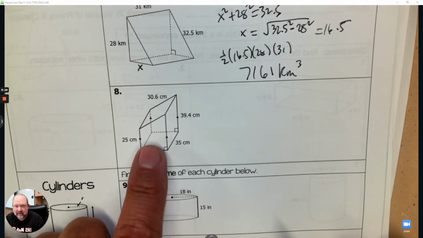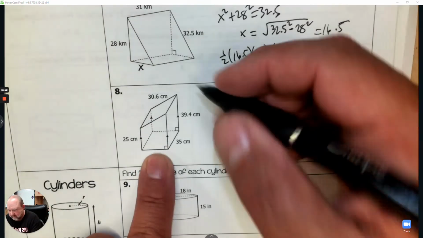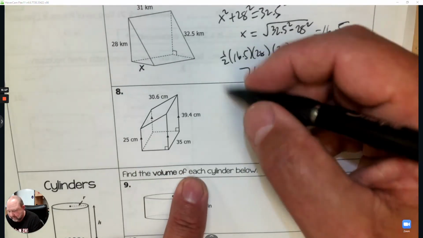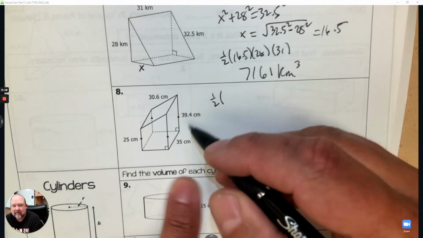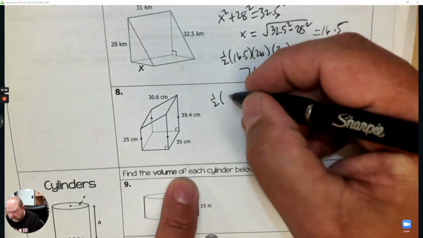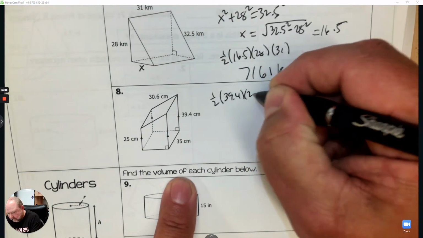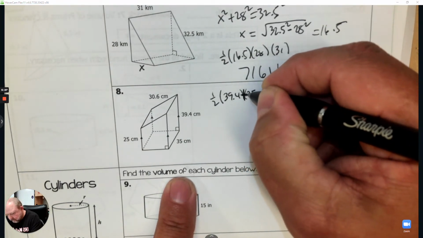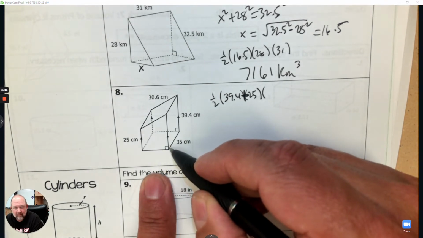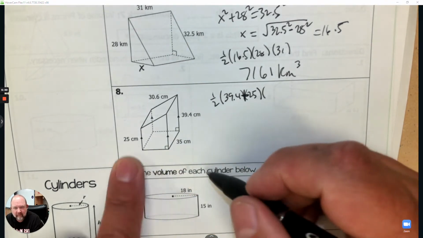8. This is a trapezoidal prism again. That's a trapezoid. So the formula is 1/2. The bases of this trapezoid are 39.4 and 25. Oh, we add them. And then the height of this trapezoid, straight up, do I know that height?